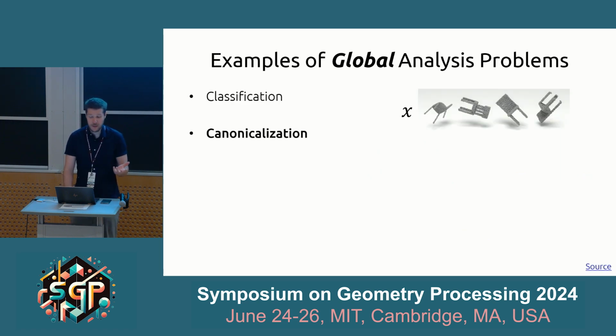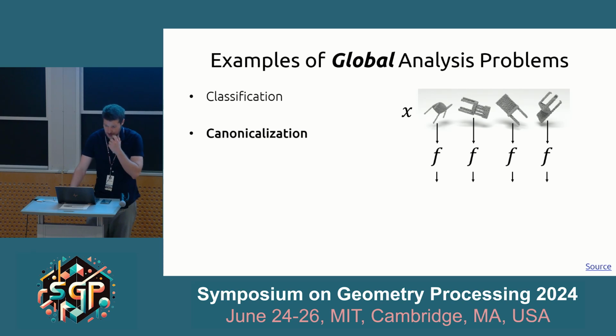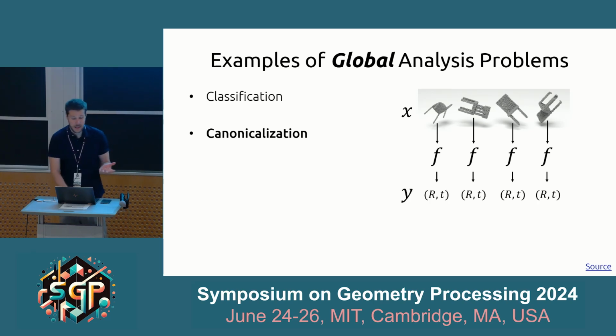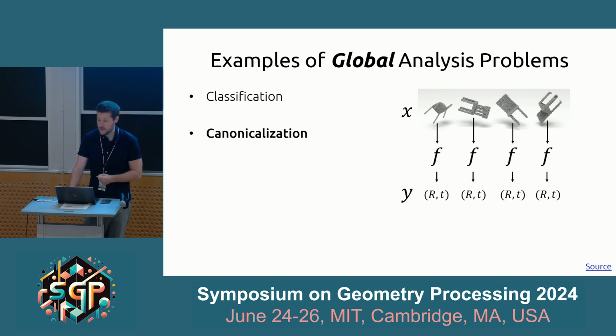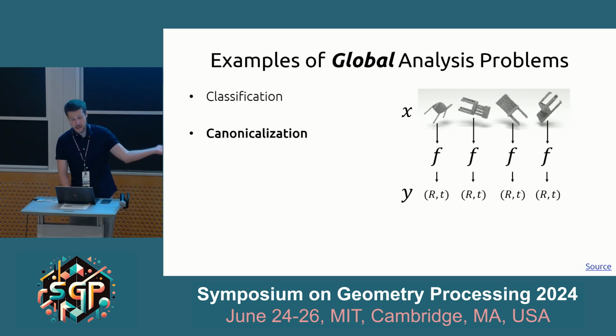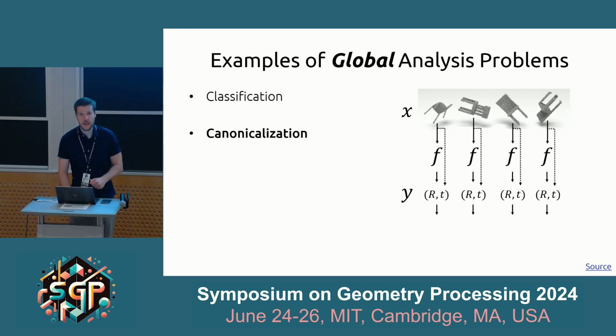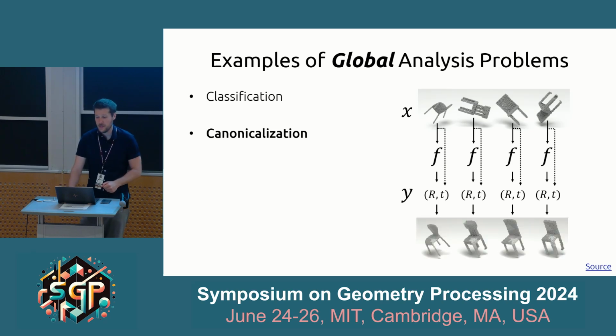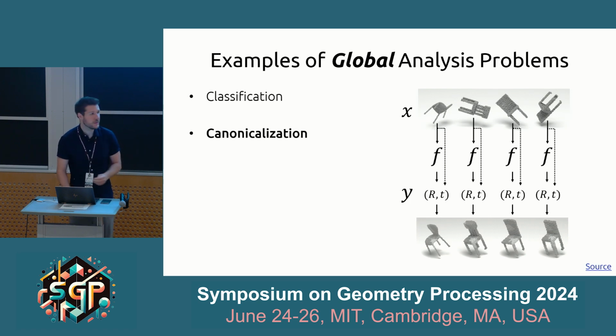When I pass these shapes in, the output, the y in this case, is going to be a transformation, a rotation plus a translation, such that if I then take the input shapes and pass them through that transformation, I end up bringing all of these chairs into a mutually aligned coordinate frame, so that the up direction and the forward-facing direction for these chairs is all the same.